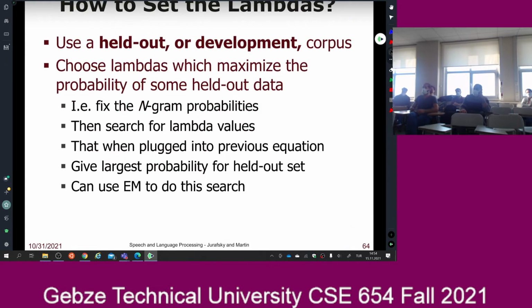A held out set is a portion of your training set which is not used for calculating the probability values. So development corpus, run your experiment on that one. Whatever gives you the best perplexity results or the extrinsic evaluation results, use those lambdas. That's one idea.